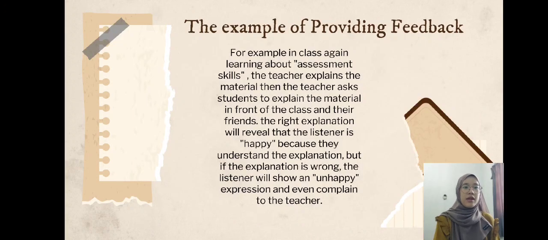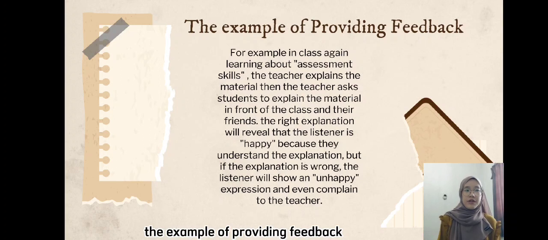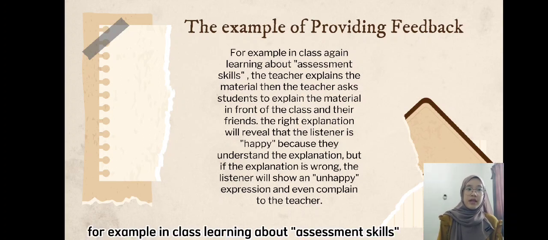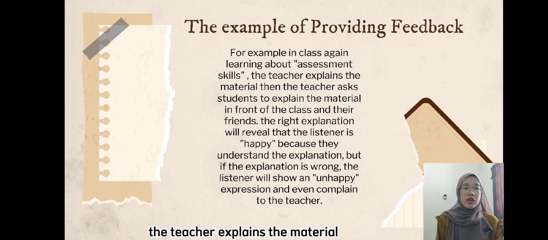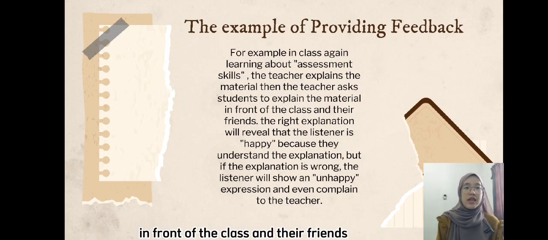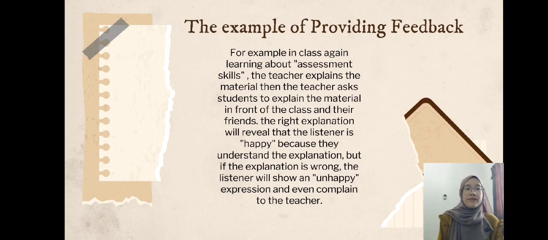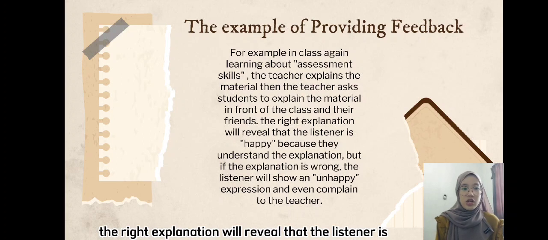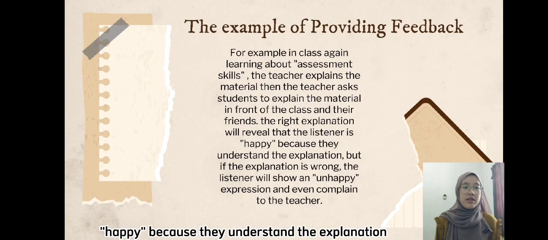The example of providing feedback. For example, in a class learning about assessment skills, the teacher explains the material, then the teacher asks students to explain the material in front of the class and their friends. The right explanation will reveal that the listener is happy because they understand the explanation.